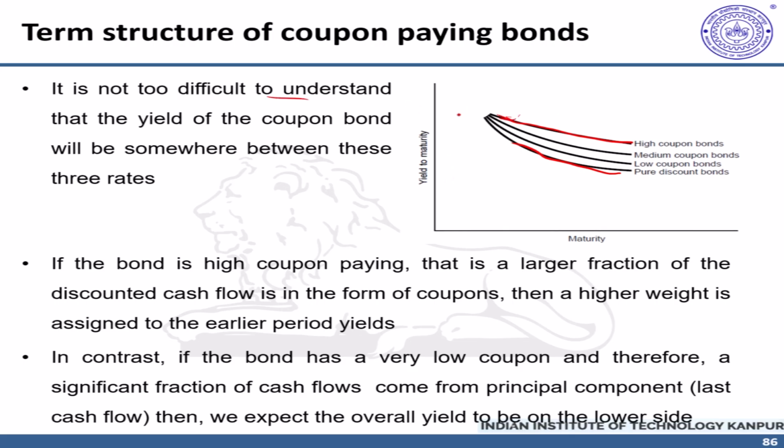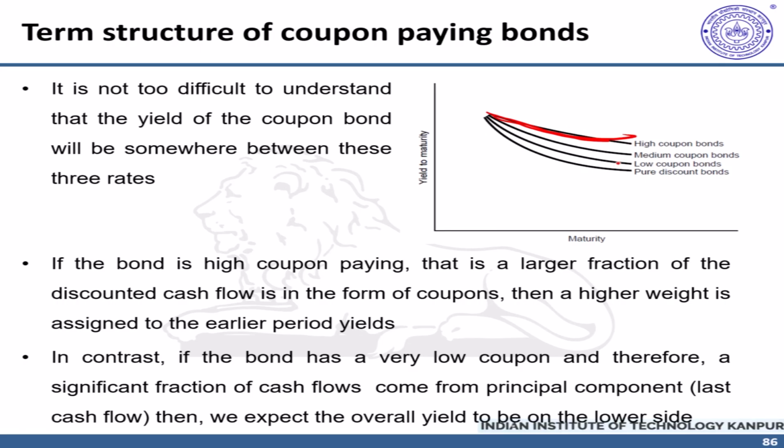Because we have assumed that the term structure in general is falling, a larger fraction of cash flows for a high coupon bond is discounted at higher rates, while a lower fraction, which is the principal or later cash flows, is discounted at lower rates. So the high coupon bond would be the other extreme, and its term structure would be much higher.